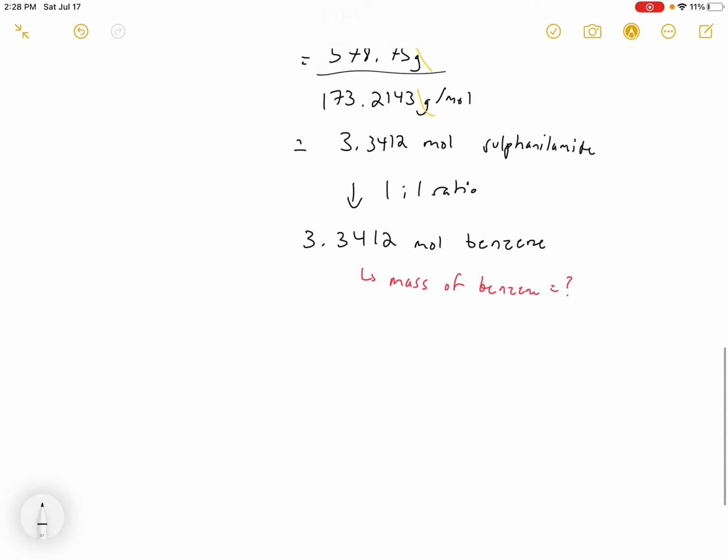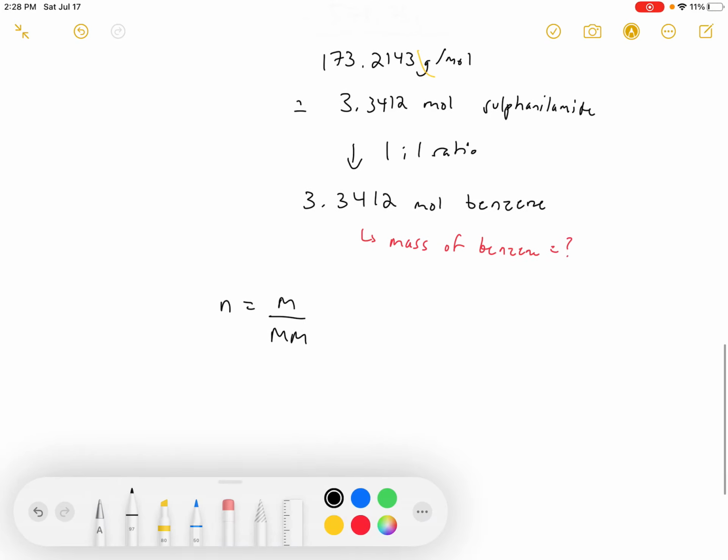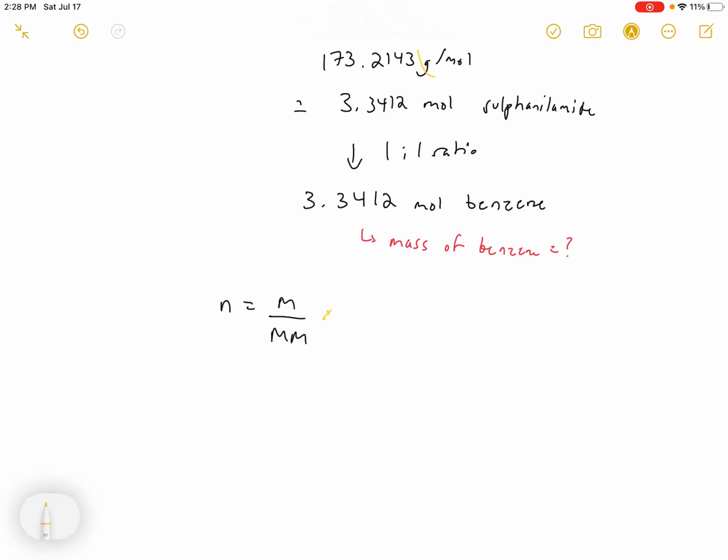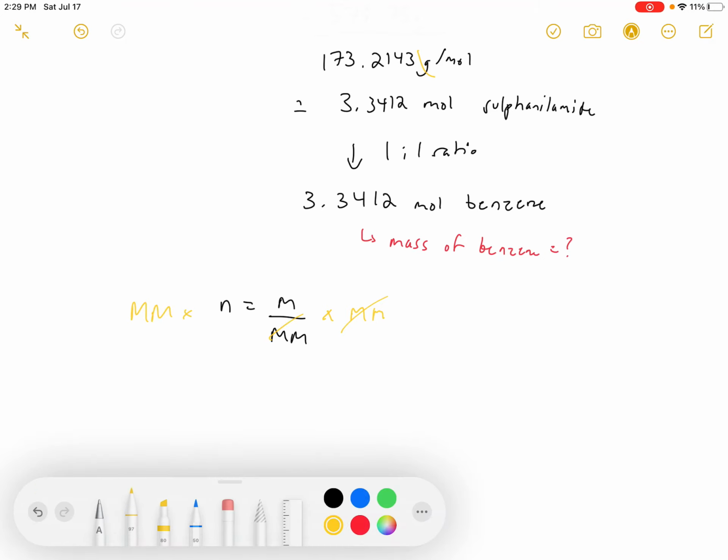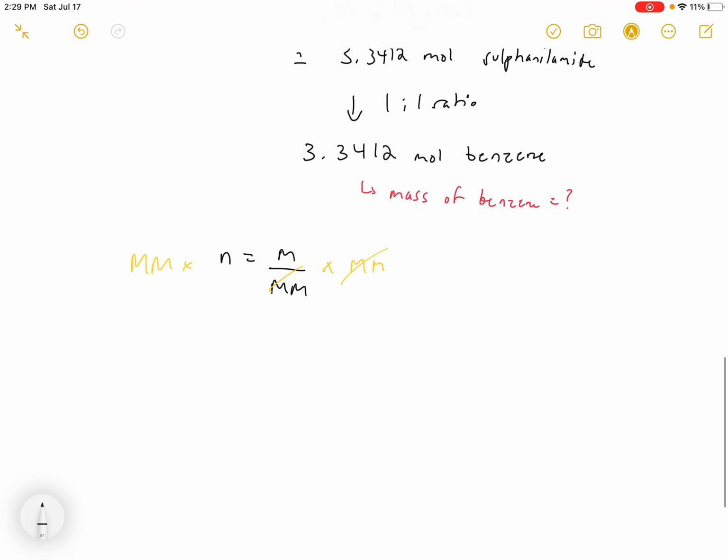So I'll use the same formula I used earlier, where moles equals mass over molar mass. And then to isolate mass on its own, I'm going to multiply both sides of the equation by molar mass. That will allow me to cancel out the molar mass on the right side of the equation, and it leaves us with mass equals moles times molar mass.